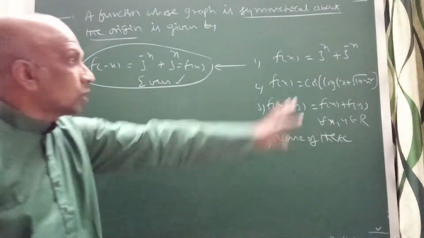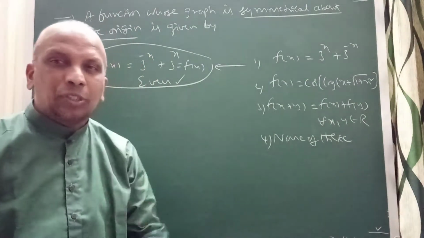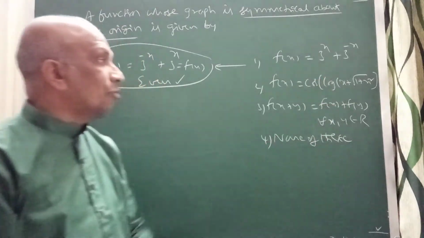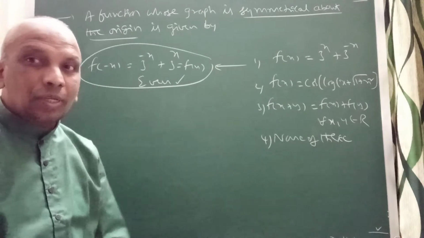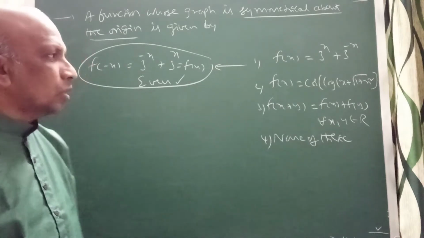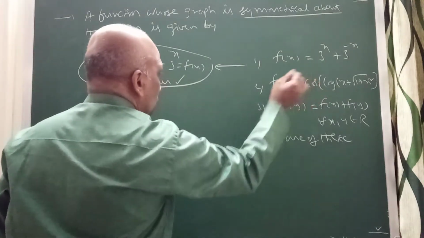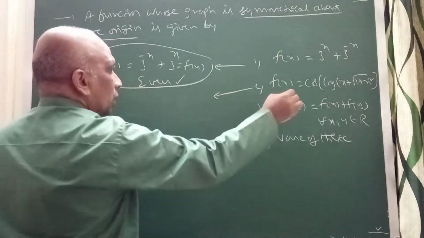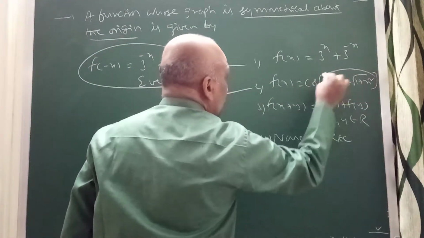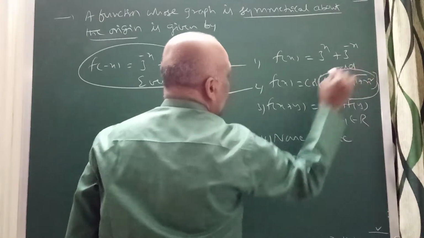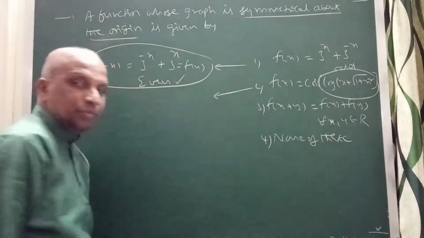You can check this. Clearly we know that the cos function is an even function. But the logarithm, log of x plus root of 1 plus x square, is an odd function. In the second option, cos of logarithm, the logarithm function is odd and the cos function is even.